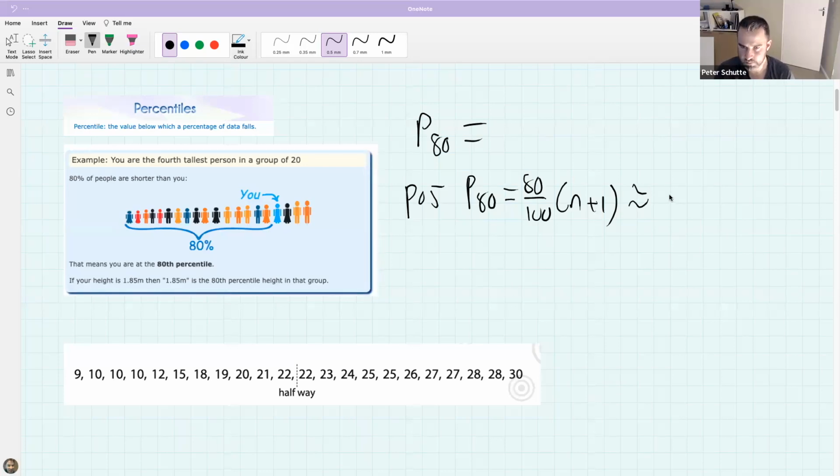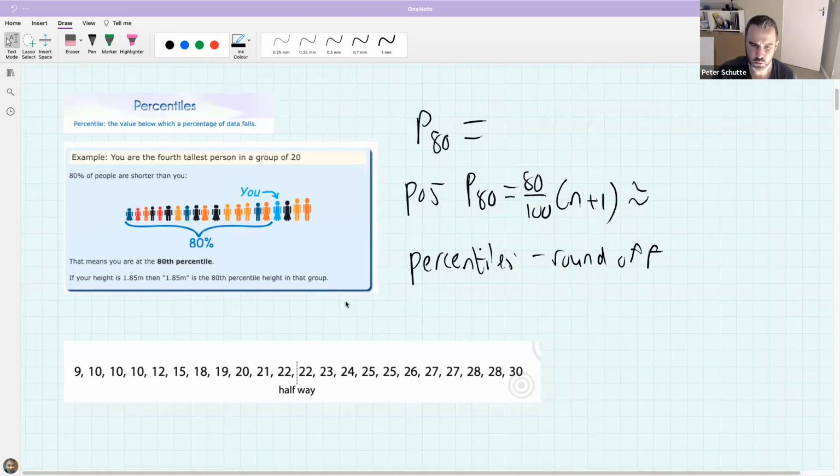And if I get some decimal values with percentiles, we do not average out between the two nearest ones. We round off the position to the nearest position. That is a little bit different to quartiles, where if we got a position value that had a fraction, we averaged out between the two nearest positions.